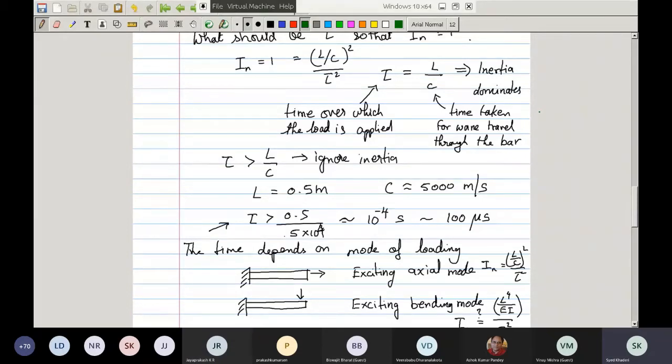See, this 10 power minus 4 number, I said, it's just like a Reynolds number, okay? With the Reynolds number, we say that transition happens at about 1000.